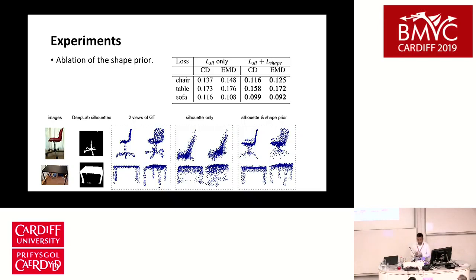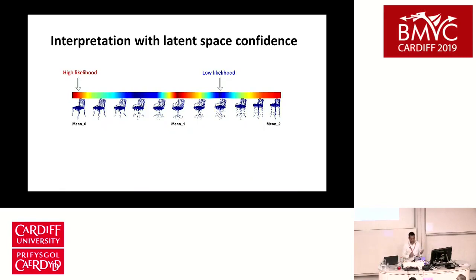And of course, this results in gross overfitting, as you can see in this instance, to a terrible mask a single view object segmentation network can give you. Whereas if you use the prior along with the silhouette consistency, you generate only plausible chairs. And even when most of the object is not segmented, as in the first instance, you generate something which looks much more meaningful and closer to ground truth.